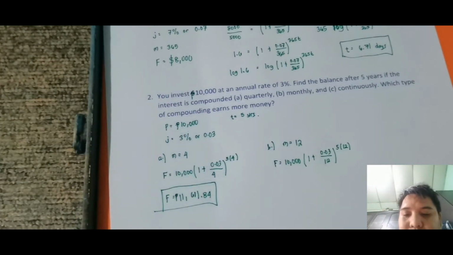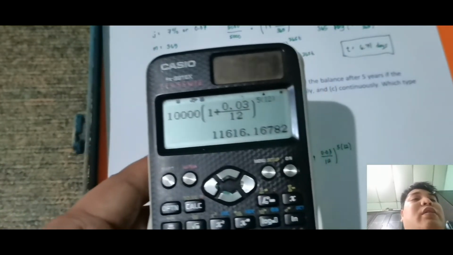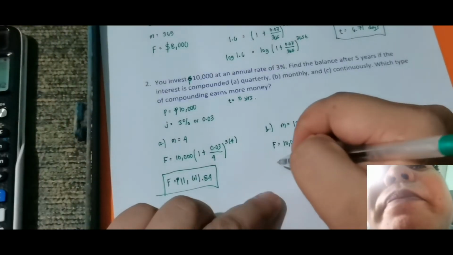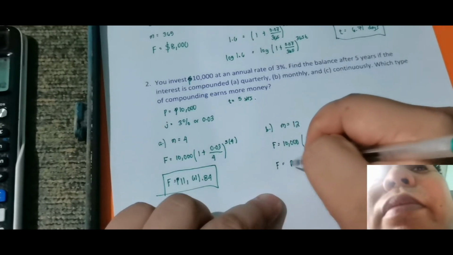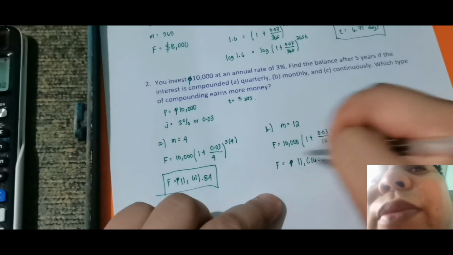Palitan lang natin itong values na ito. So, this is 12. So, 5 times 12. Okay, so parehas pa rin naman siya. No? So, that is simply 11,616.17. So, pag ni-round up, F is equal sa 11,616.70. So, mas okay to, no?